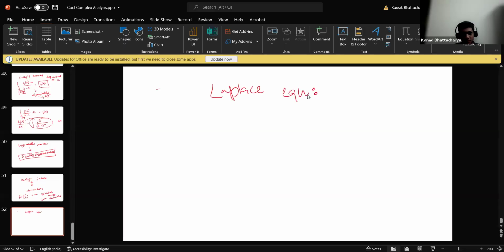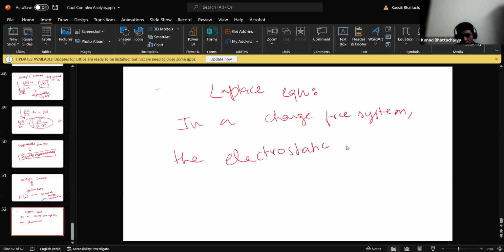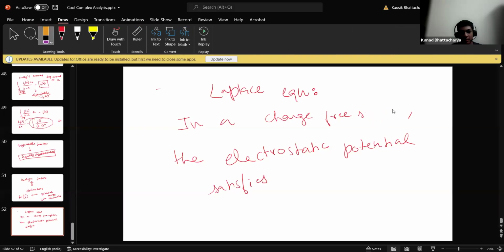The Laplace equation states that... Okay, maybe I should clarify here, this is for a charge-free region. In a charge-free region, the electrostatic potential satisfies this equation here, where V is the electrostatic potential.